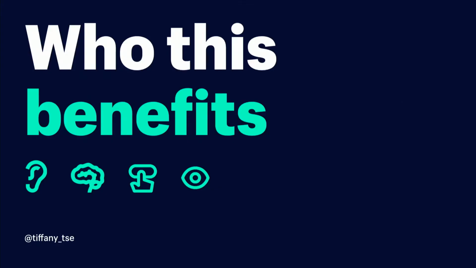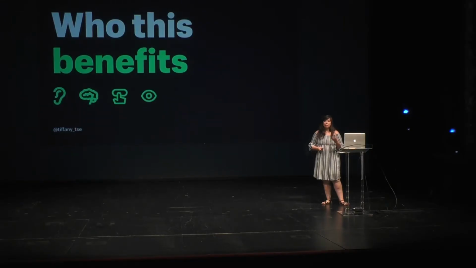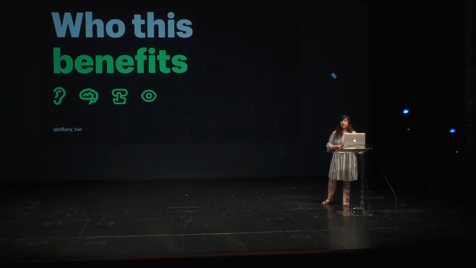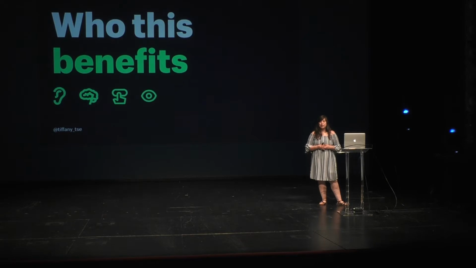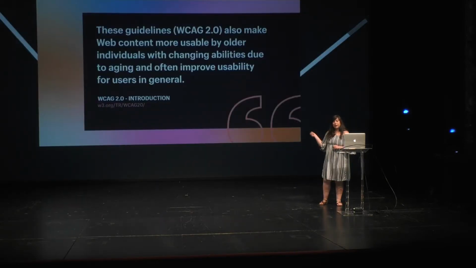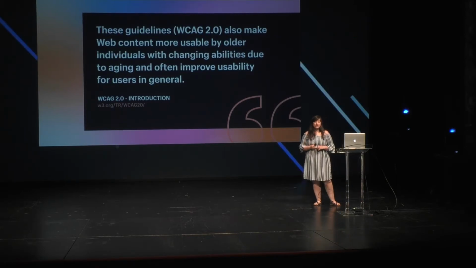So I've been showing you how our designs can benefit people that may experience a variety of disabilities, right? From hearing loss to trouble concentrating, motor impairments to low vision. But there's a group that's known to experience all of these types of impairments that we should be thinking about. And this group is mentioned right in the WCAG guidelines, that as people get older, their abilities change.